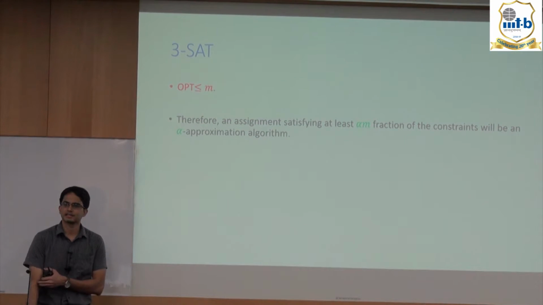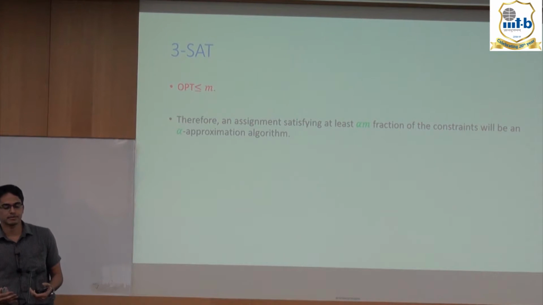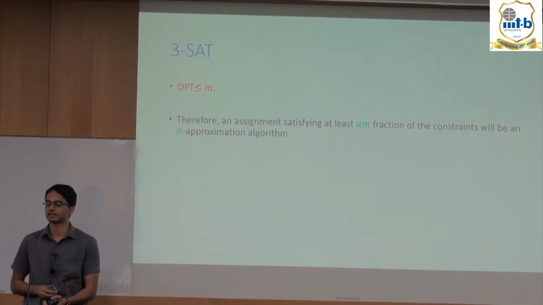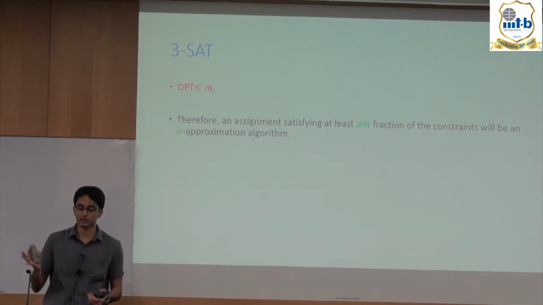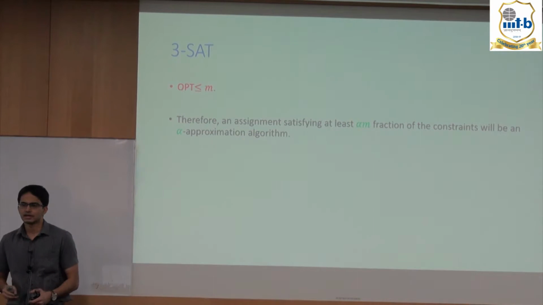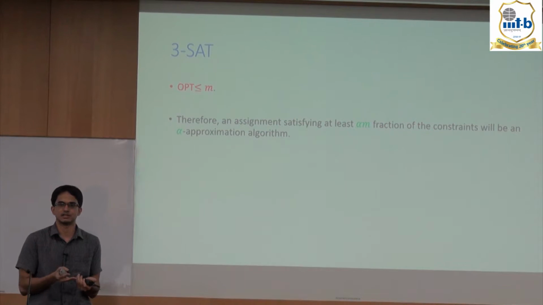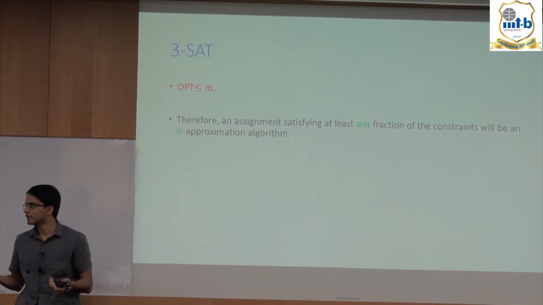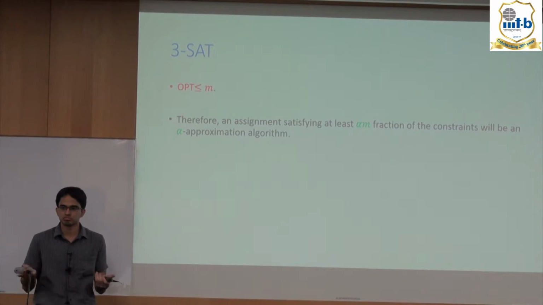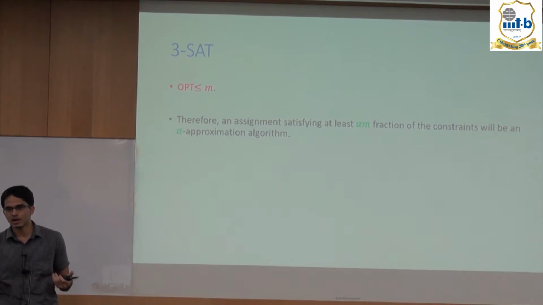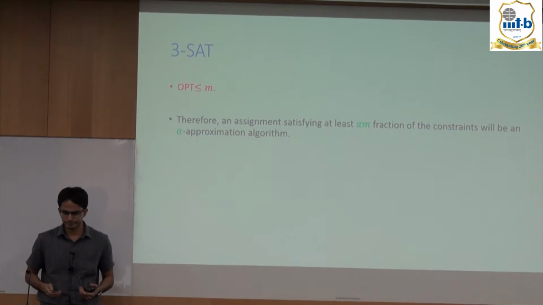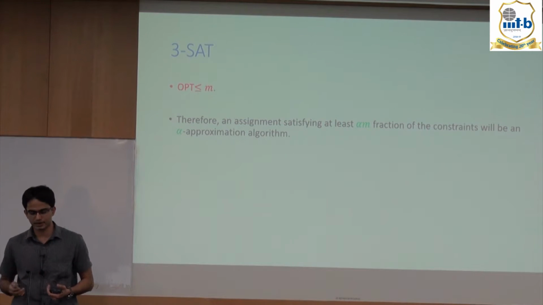If I can find an assignment which satisfies at least an alpha fraction of all the clauses, then that will be an alpha approximation algorithm, because m is at least the cost of the optimal solution. If you get a solution which satisfies alpha m, then you satisfy at least alpha times the optimal solution. So if I can find such an algorithm, that would be an alpha approximation algorithm. Okay, so let's look at a trivial algorithm and see what it does.